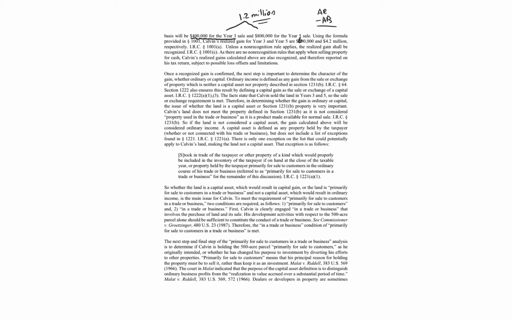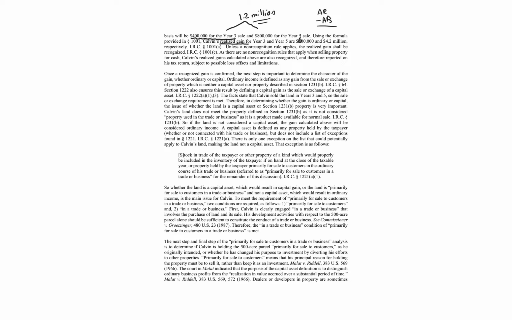So $600,000 in year 3, which is the $1 million received minus the $400,000 basis allocated, and then $4.2 million in year 5, which is the $5 million received minus the $800,000 basis allocated. So again, $600,000 realized gain. Realized gain is key. We're going to talk about recognized gain in a moment. That's the next step. $600,000 in year 3, $4.2 million in year 5.